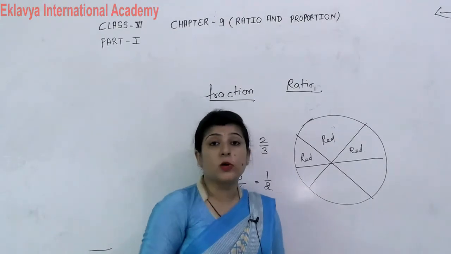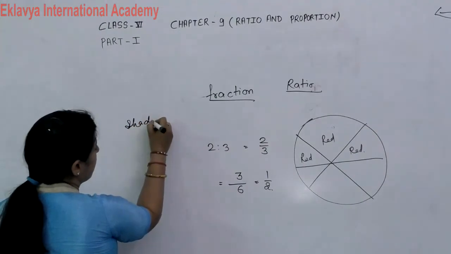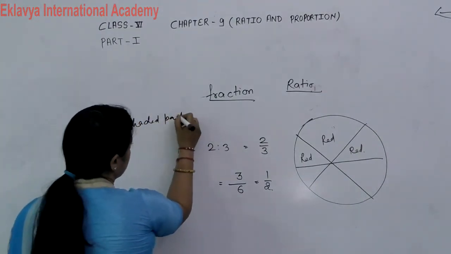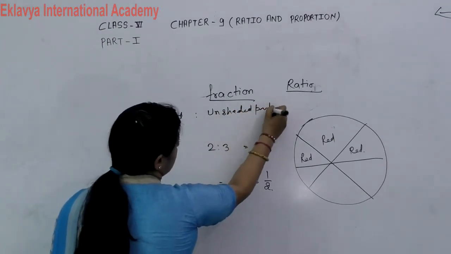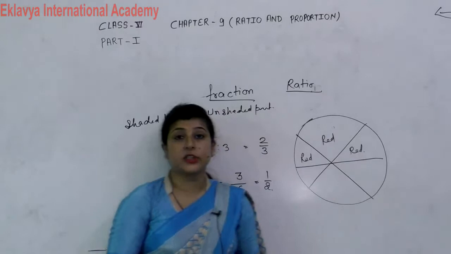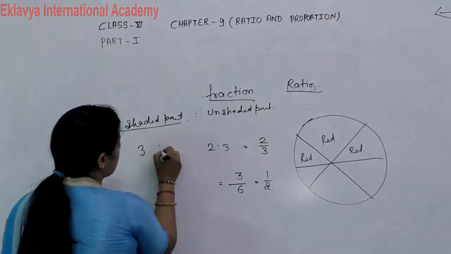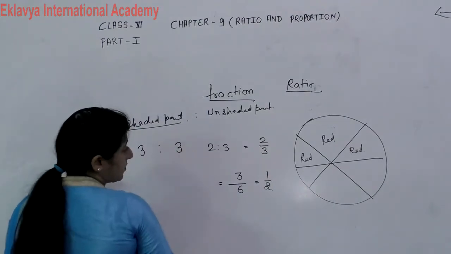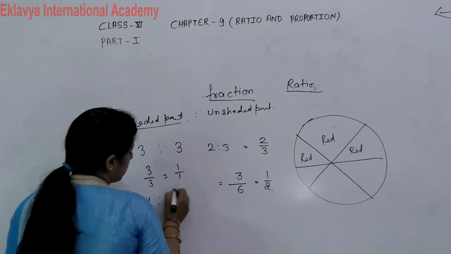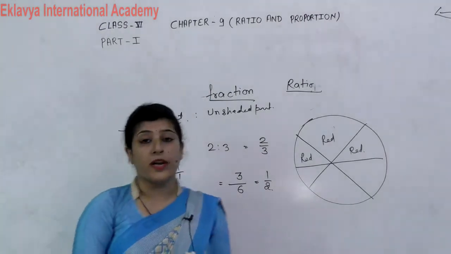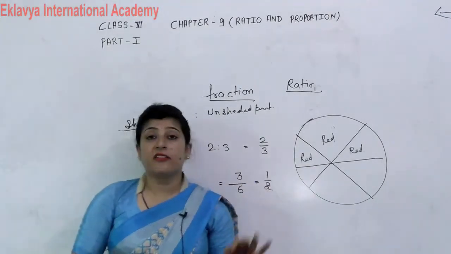But if you want to take the ratio between the shaded part and unshaded part, then what we have to do? Shaded part 3, unshaded also 3, it means 3/3 is equal to 1/1, then ratio become 1:1. So this is the difference of the ratio and fraction.